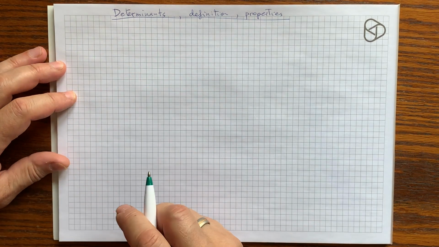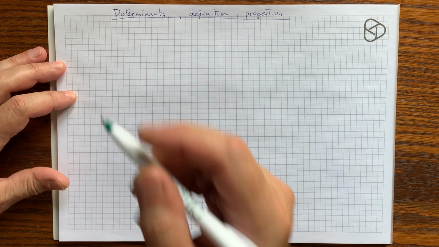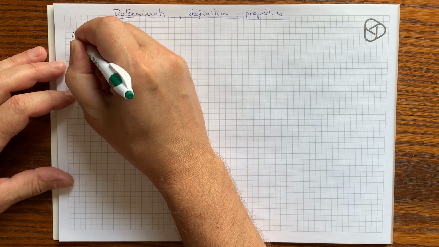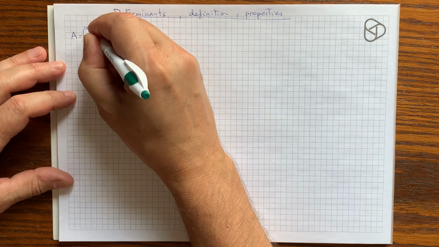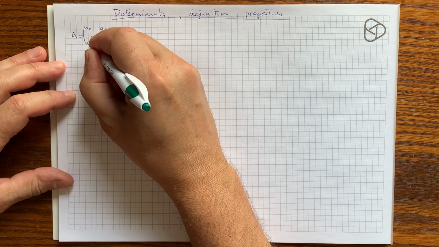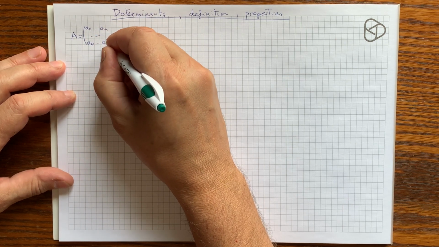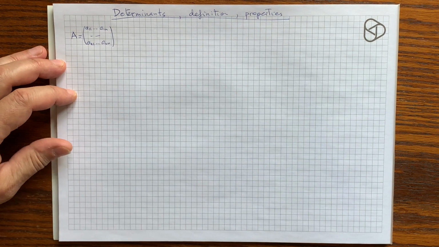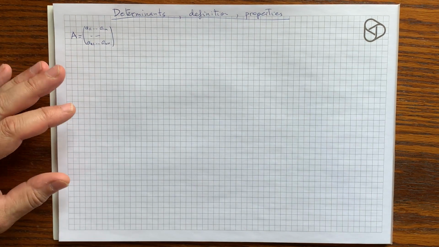Determinants are numbers, numerical quantities associated to square matrices. There is nothing like that for non-square. Matrix has to have the same number of rows as of columns.